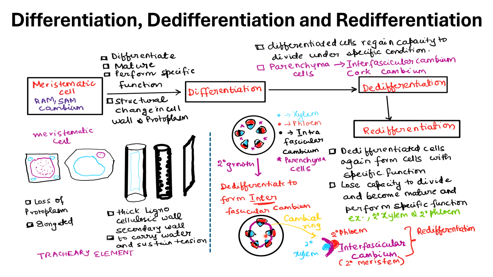It means the secondary meristematic cells, or the unspecialized cells, again form specialized cells which have specific function. An example is the formation of secondary xylem and secondary phloem. This entire process is called redifferentiation. This entire topic is very important from the exam point of view.